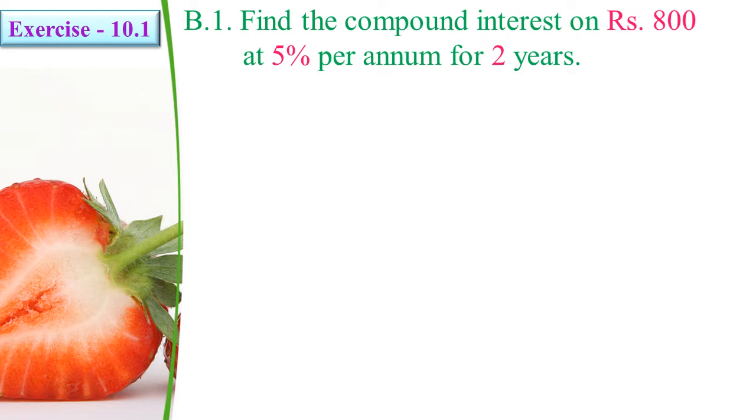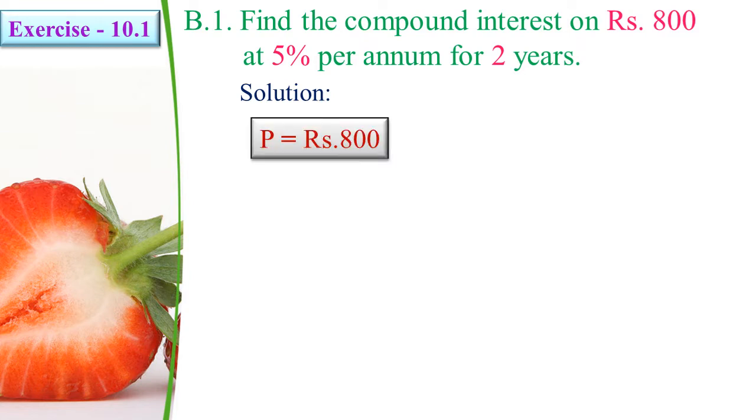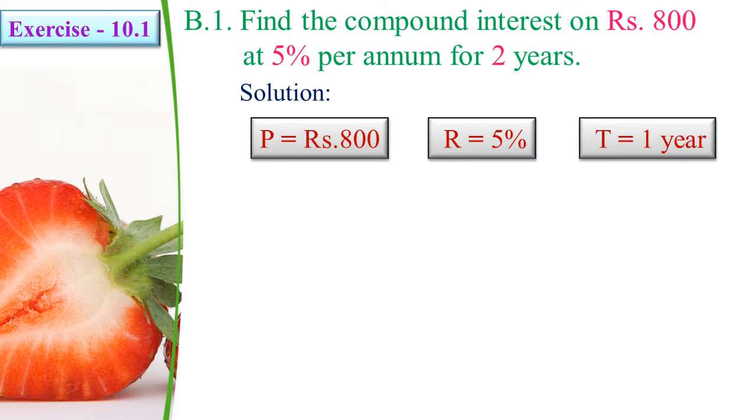Find the compound interest on rupees 800 at 5% per annum for 2 years. Let's find the solution. Here P is rupees 800, R is 5% and let us take the time period as 1 year.